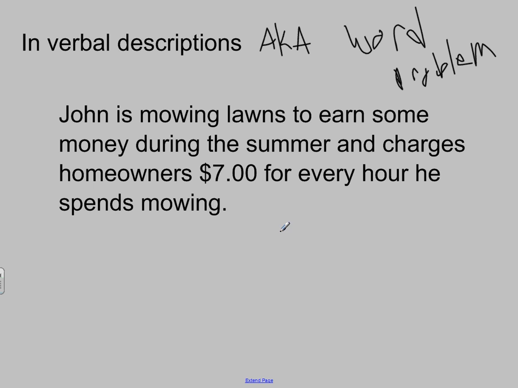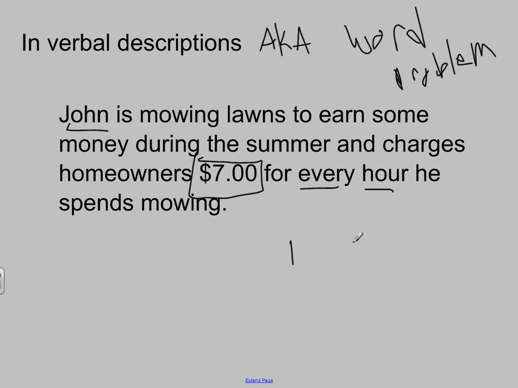What on earth does that mean, Mrs. Ott? It means that in this situation we have John. John is mowing lawns to earn some money, and he earns $7 for every hour he spends mowing. Period. That's it. Simply $7 an hour. That is a proportional relationship because every single hour he gets $7 more.